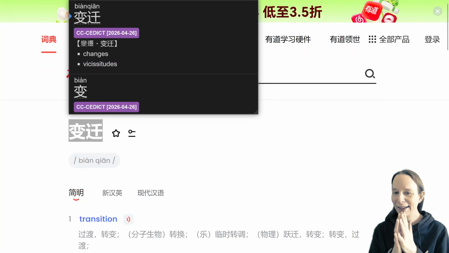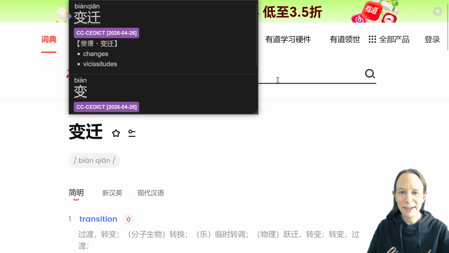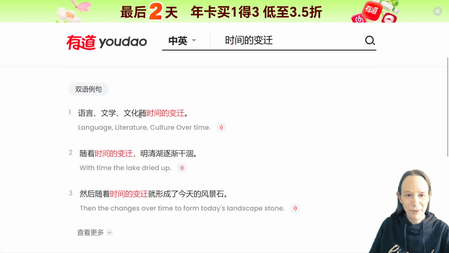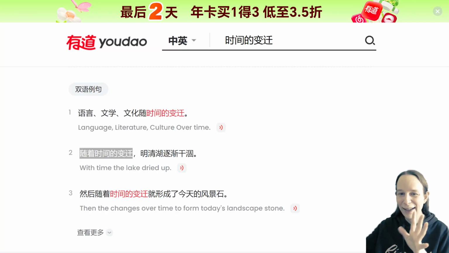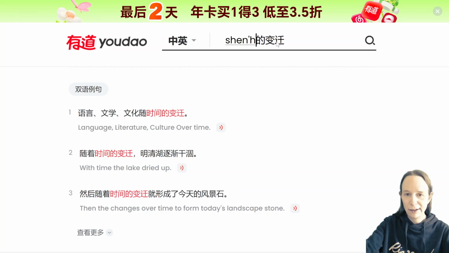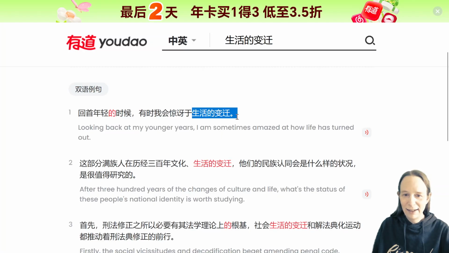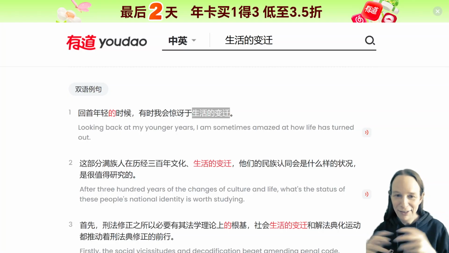Like you often talk about 随着时间的变迁, the changes that accompany time, the changes over time. 生活的变迁, the vicissitudes of life, the ups and downs, the swings and roundabouts of life, that sort of thing.